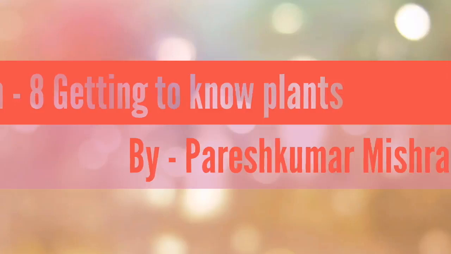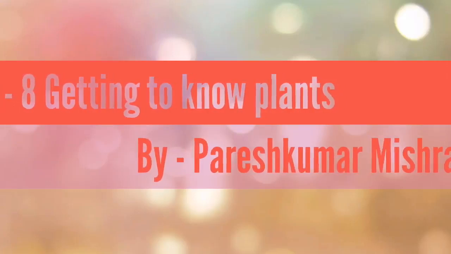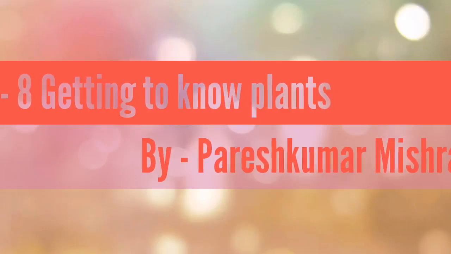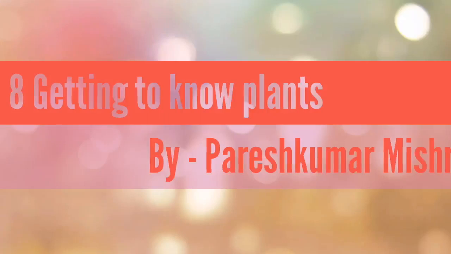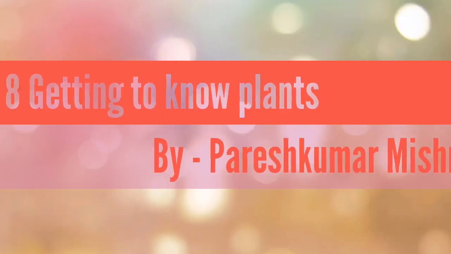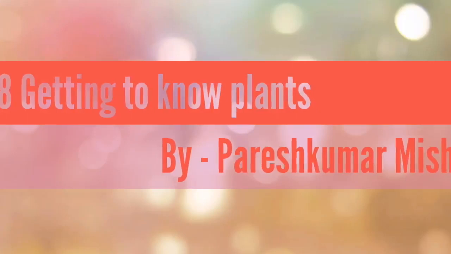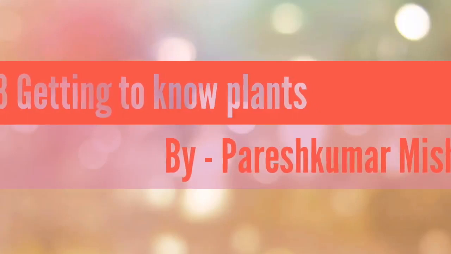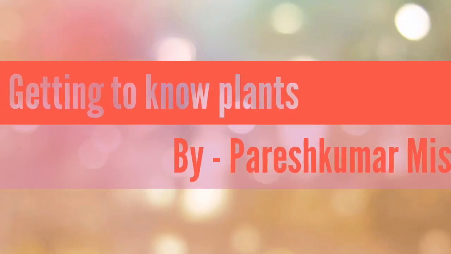Then in the shoot system, the stem, function of stem, and stem modification. Now in this video, you are going to start with leaves, function of leaf, leaf modification, and flowers, fruits and seeds. Let us learn one by one. The first is leaves.